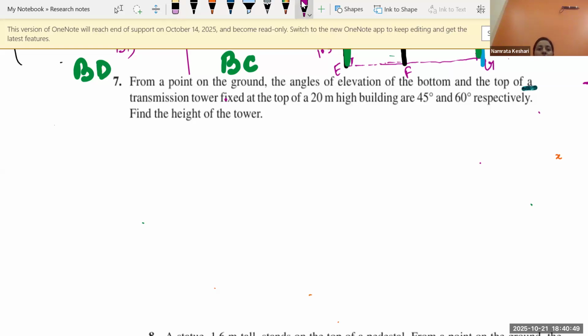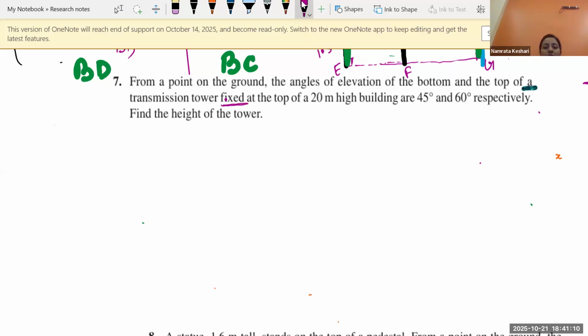From a point on the ground, the angle of elevation of the bottom and the top of the transmission tower. Okay, a transmission tower is there, but here it is clearly written that the transmission tower is fixed at the top of a 20-meter high building.